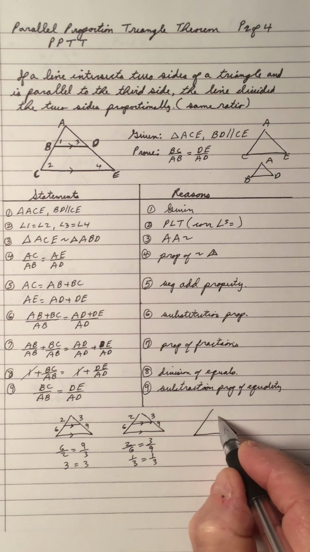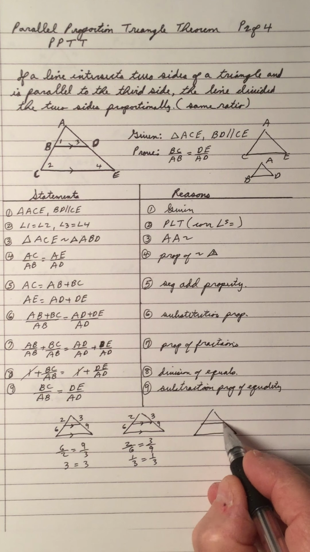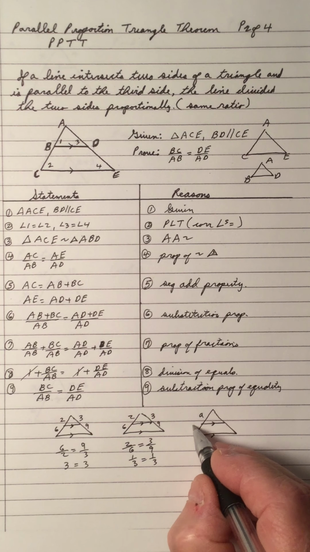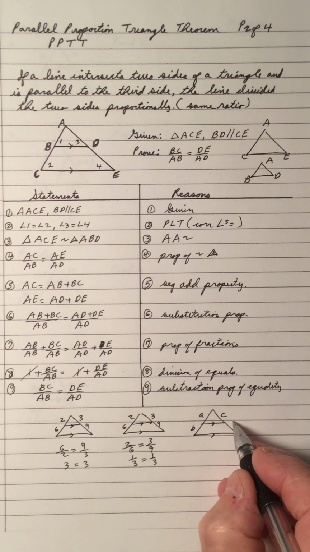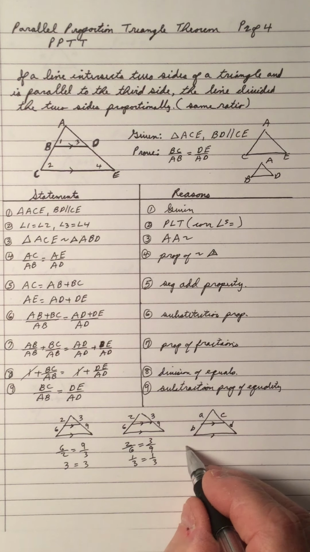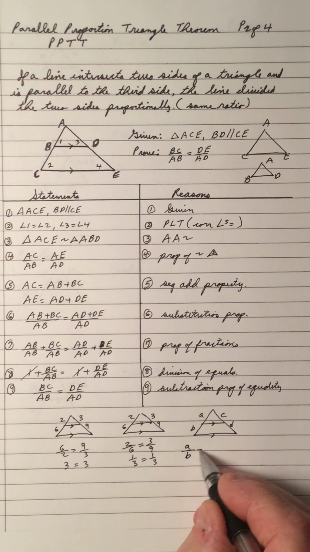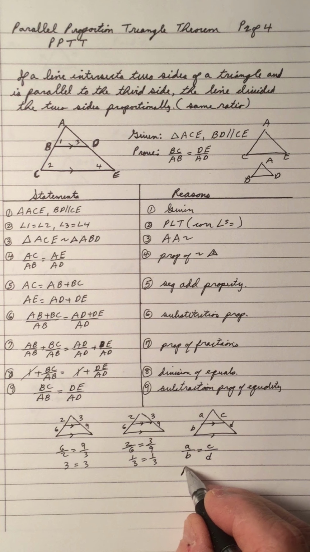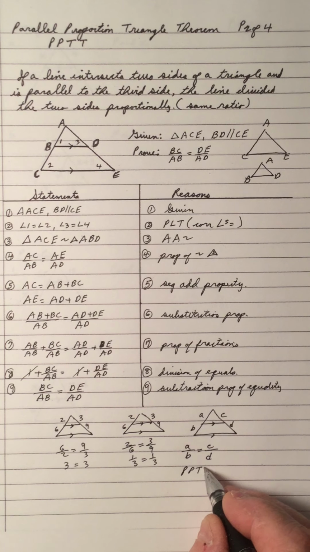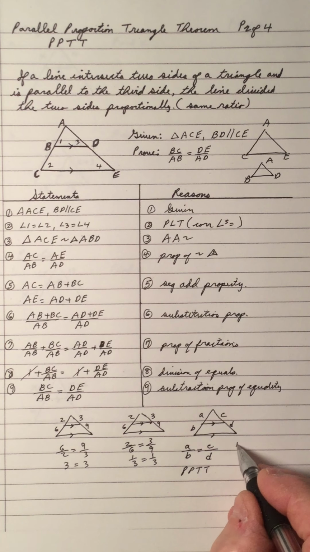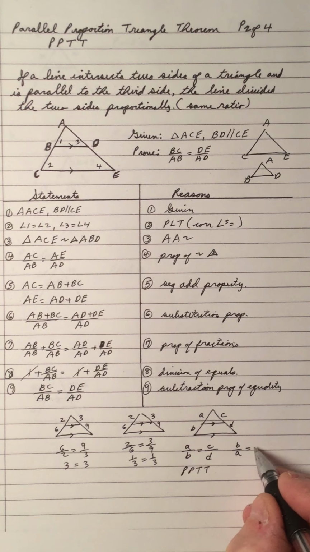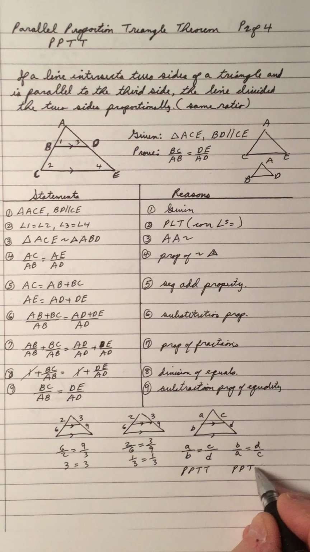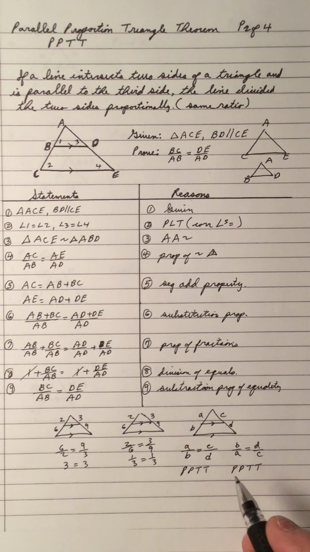So if you have the triangle and you have these two lines parallel, and you have A, B, C, D, you can either say A over B equals C over D by PPTT, or you can say B over A equals D over C by PPTT, because they're the same ratios.